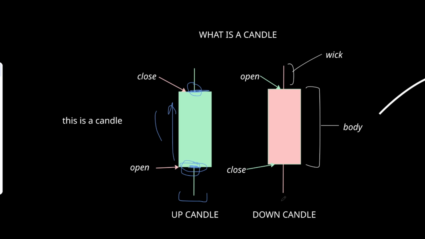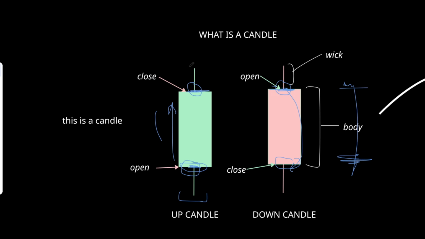Here in a down candle, we opened upwards and we closed below the open. So price opened here, then it went down and it closed here, for example.